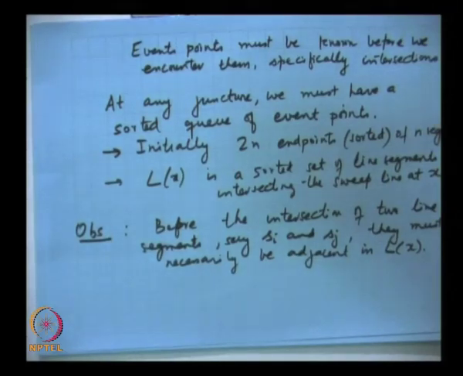So, this is the real crucial observation, and this is what is going to actually help us in designing an efficient algorithm. See, the reason why we are stuck with that n square bound or n choose 2 bound is because we have no idea which two segments can potentially intersect. Right.